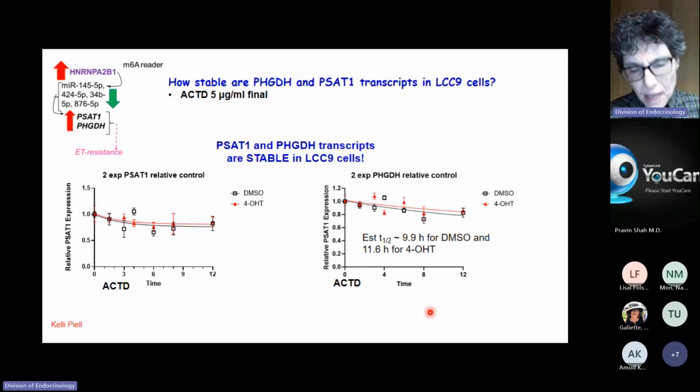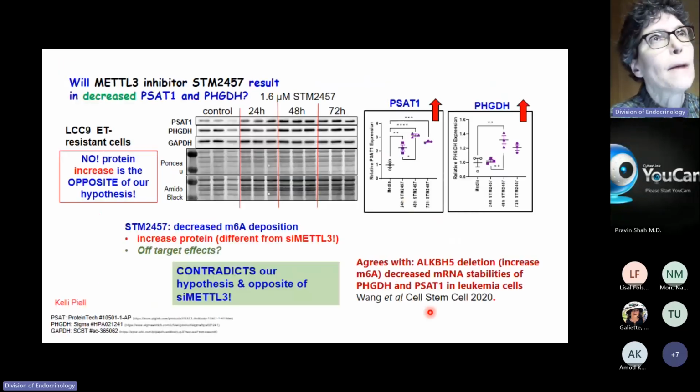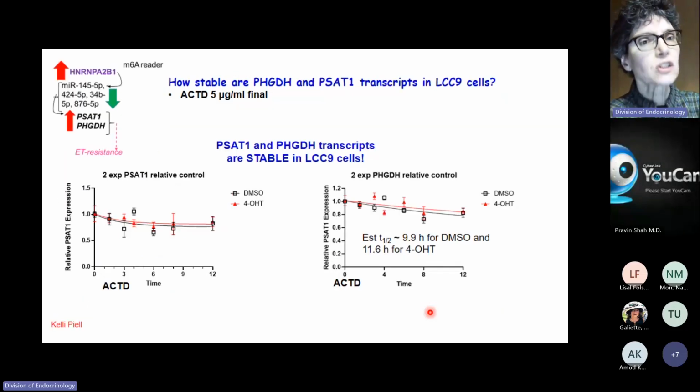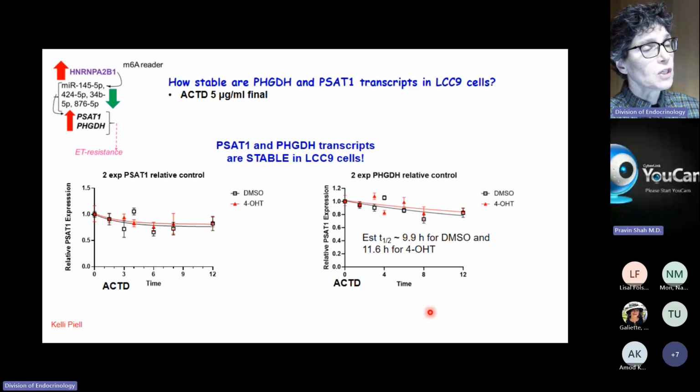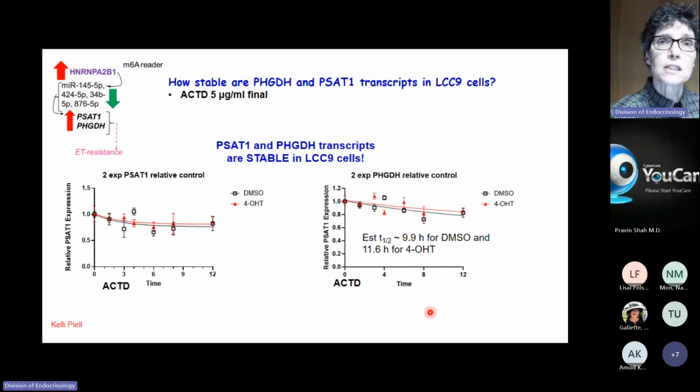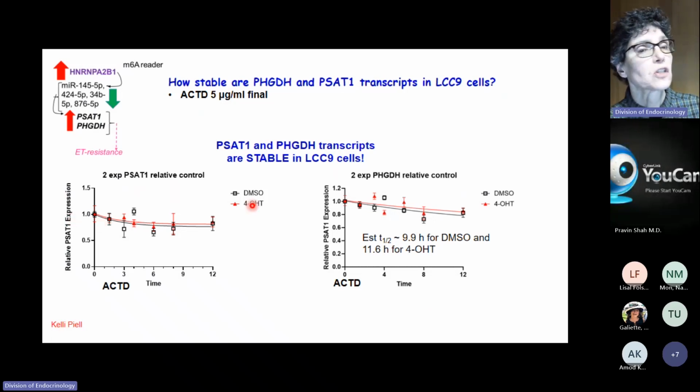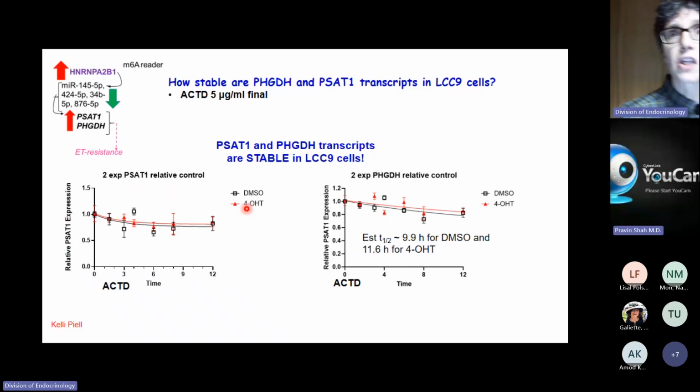So maybe it's something about stability, right? m6A is involved in stability of RNA. So how stable, I asked, are PHGDH and PSAT1 transcripts in LCC9 cells? And so we treated the cells with actinomycin D, which is a transcription inhibitor, at a concentration of 5 micrograms per ml, at time 0. And we also treated the cells either with DMSO or 4-hydroxytamoxifen in case there was any effect of 4-hydroxytamoxifen on stability in the cells.